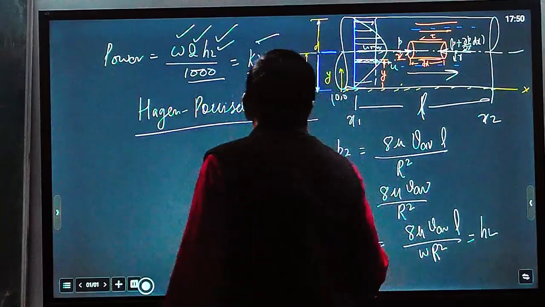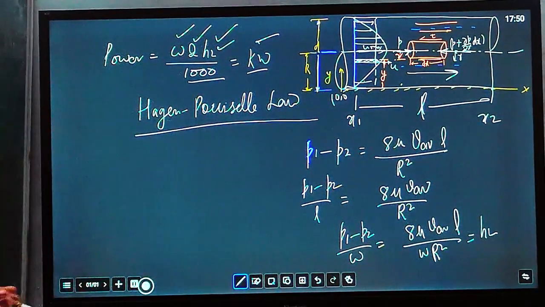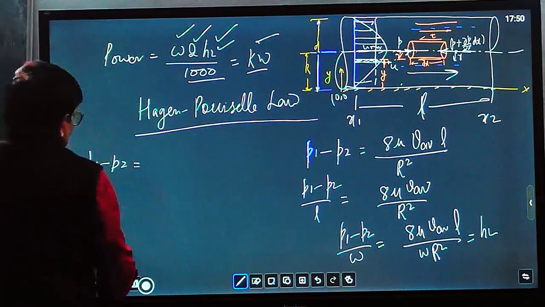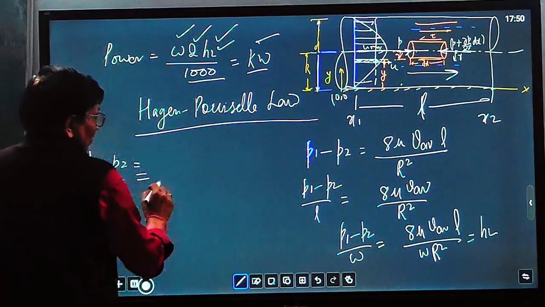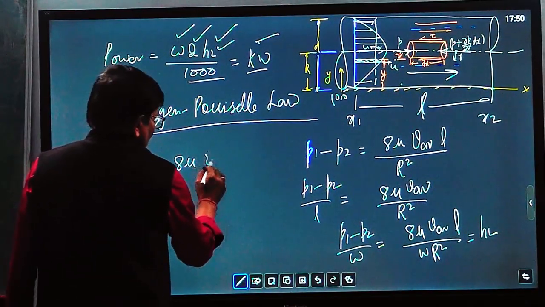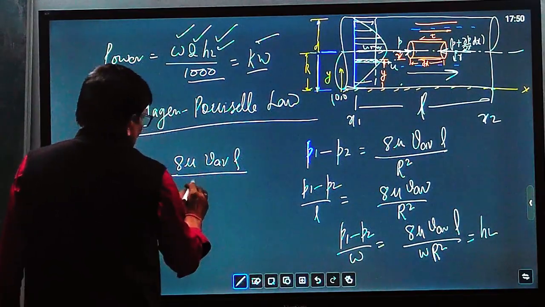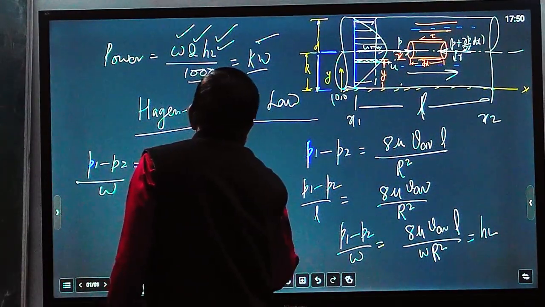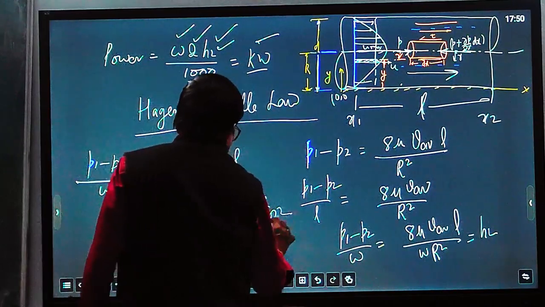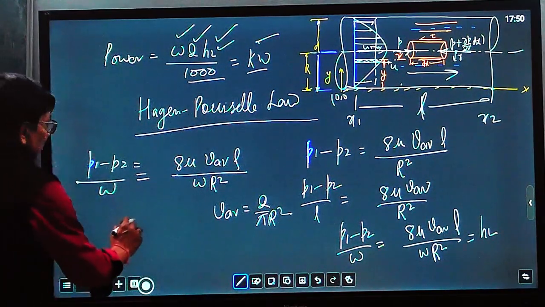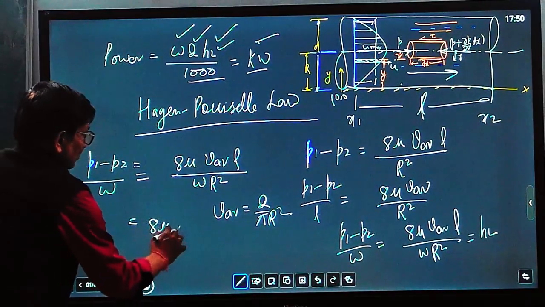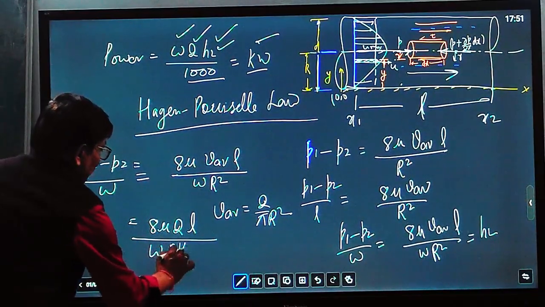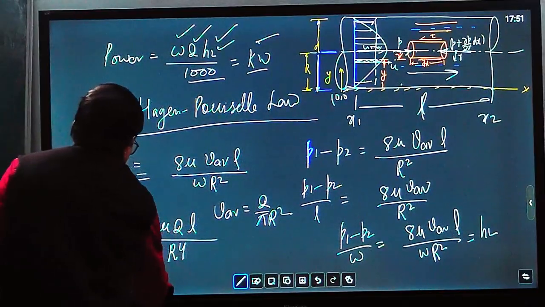This equation you can also express in terms of the discharge. So (P1 minus P2) upon omega equals 8 mu V average L upon omega R squared. You know that V average equals Q upon pi R squared. Putting the value of Q upon pi R squared, this equals 8 mu Q L upon pi omega R to the power 4.